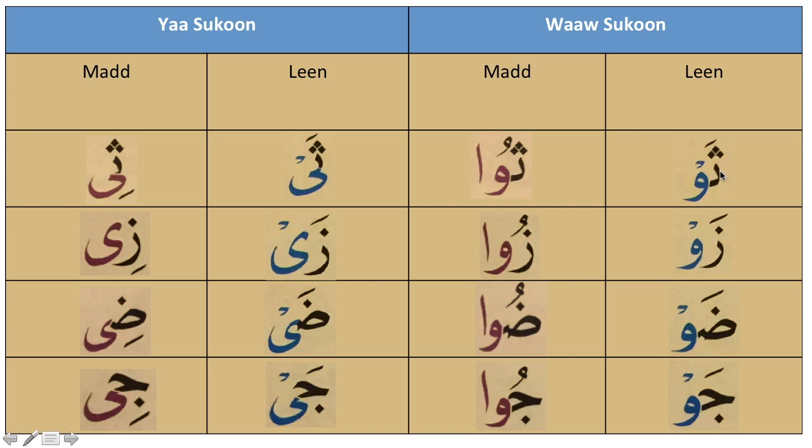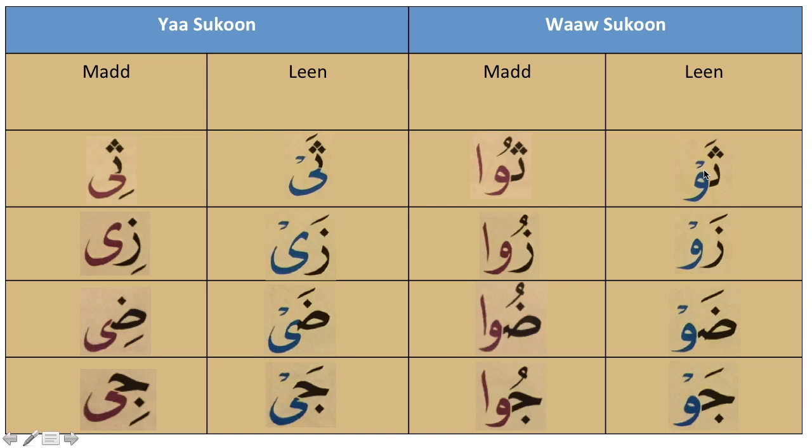Tha fatha is tha. And then waw sukoon makes it thaw. But the tha dhamma is already thu. Adding the waw sukoon gives it its second elongation or its second movement. So we say thu.